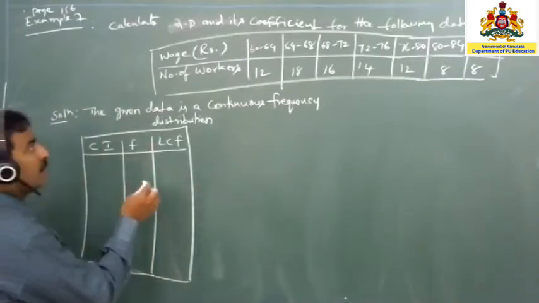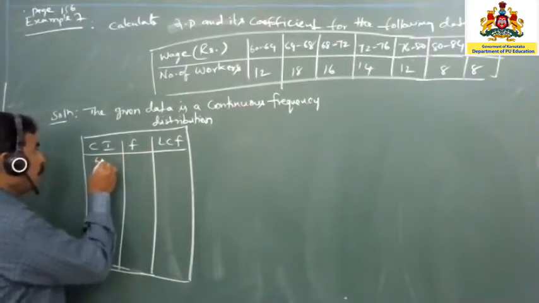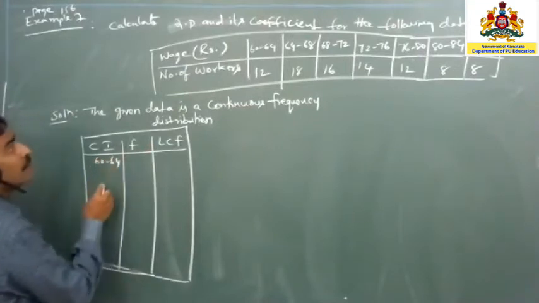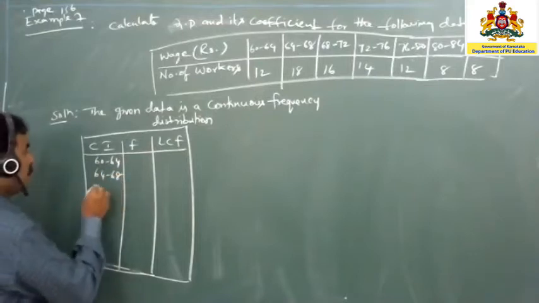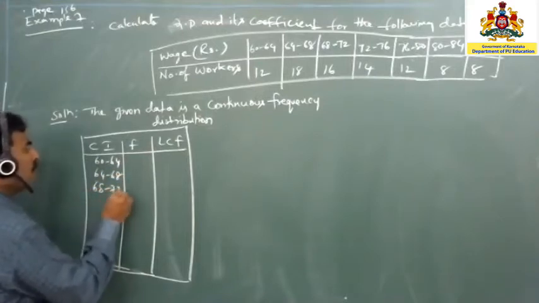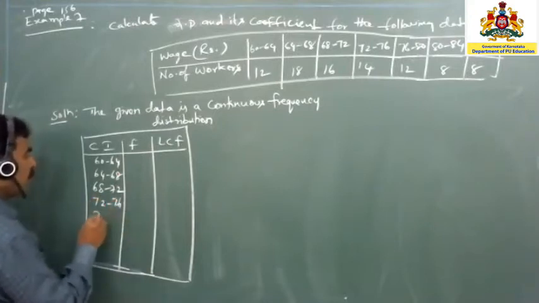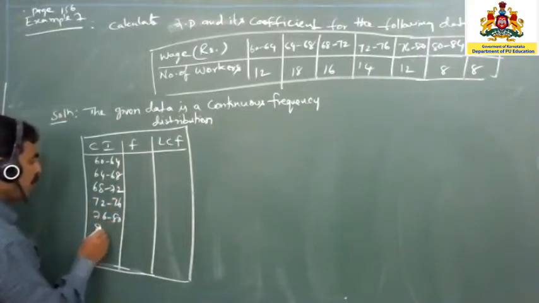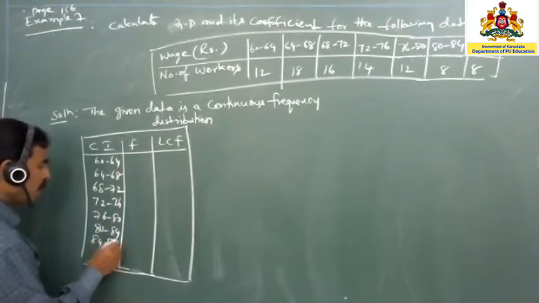Now class intervals: 60 to 64, 64 to 68, 68 to 72, 72 to 76, 76 to 80, 80 to 84, 84 to 88.